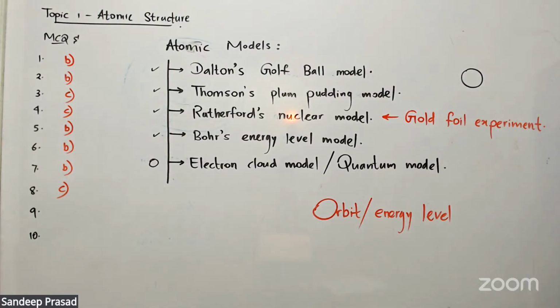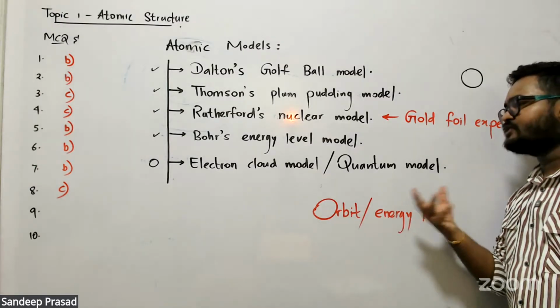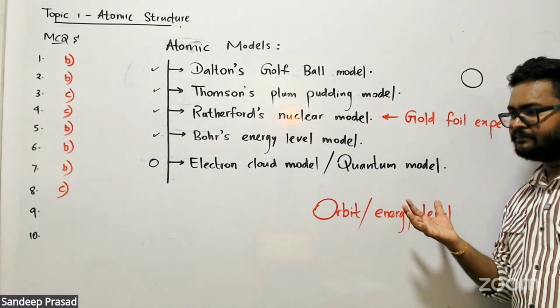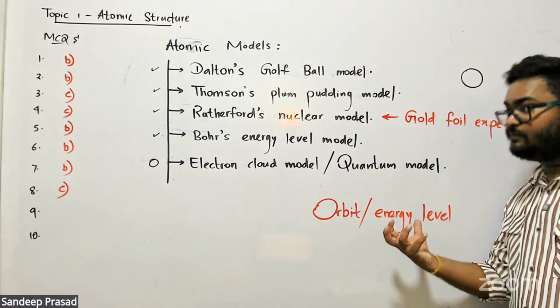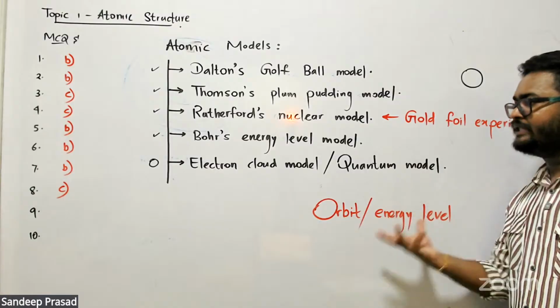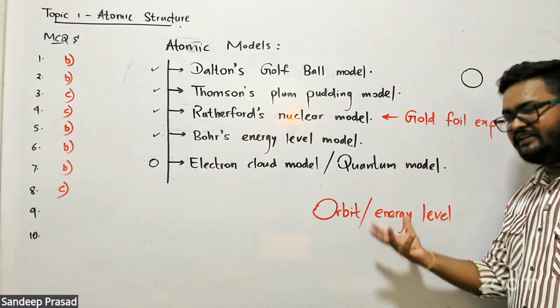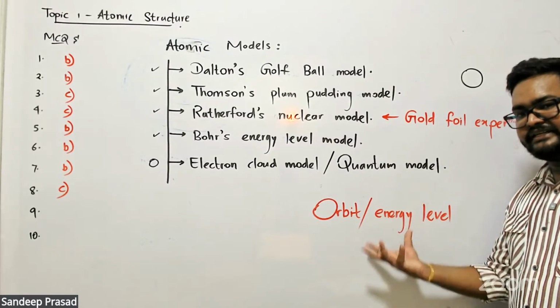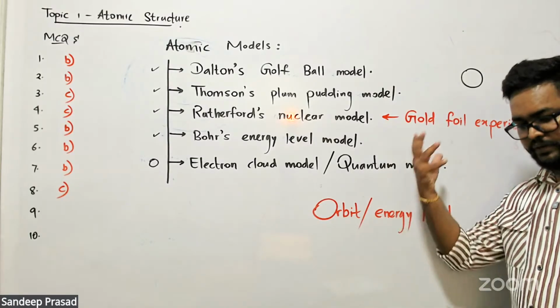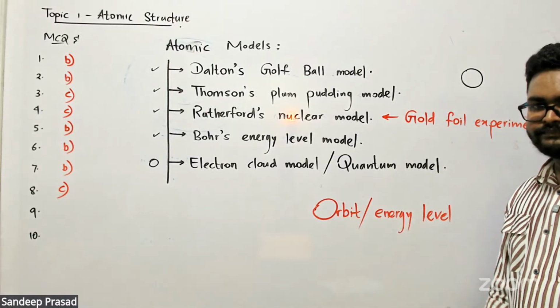Understood? Orbit or energy level. Got it? So he gave the idea for the energy levels. That means Rutherford couldn't explain the behavior of the electrons around the nucleus. But Niels Bohr explained how the electrons are located around the nucleus. Electrons are located in certain energy paths known as orbits or energy levels.